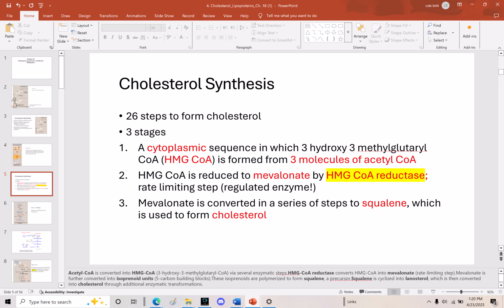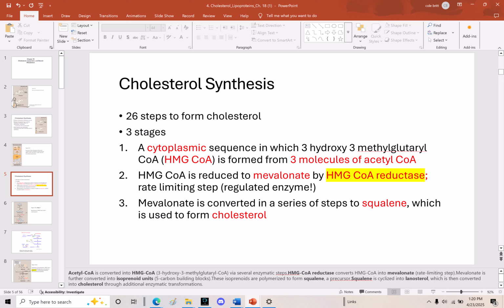This is the very first step of fatty acid synthesis, and it's catalyzed by acetyl-CoA carboxylase. I won't write that down. But what I'm trying to say is don't confuse malonyl-CoA with mevalonate. Mevalonate is a product made in cholesterol synthesis. Malonyl-CoA is a product made in fatty acid synthesis. So don't confuse those 2 M words.